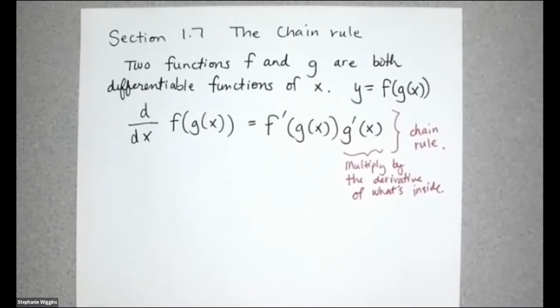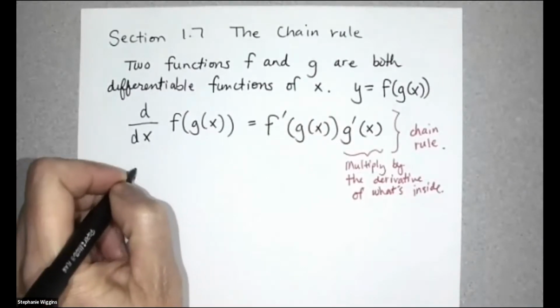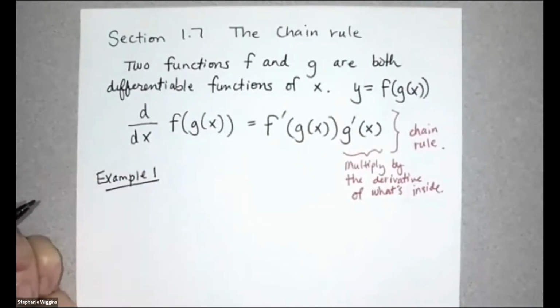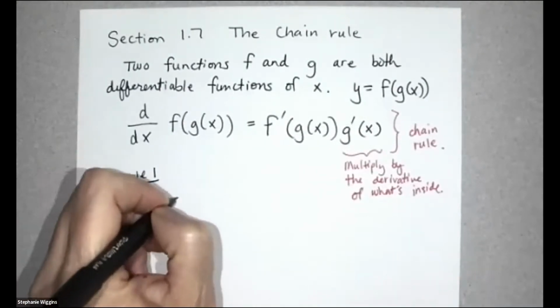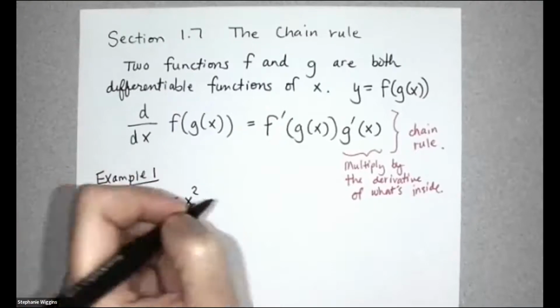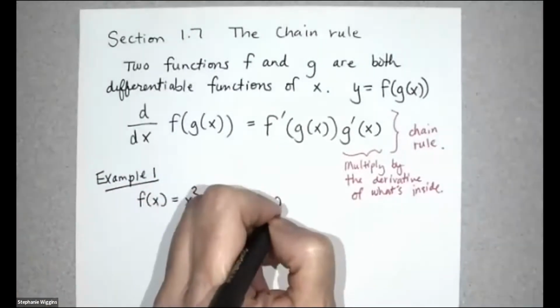Okay, so let's do some examples. Let's suppose our function f of x is x squared and g of x is 2x minus 3.